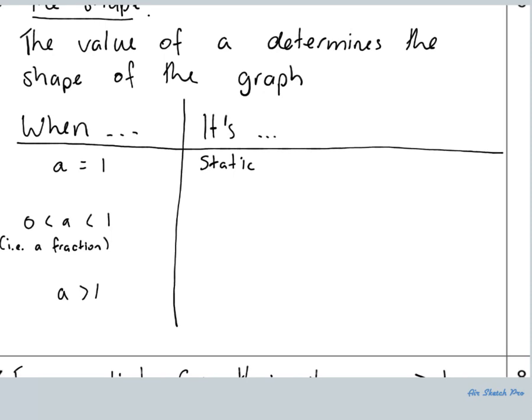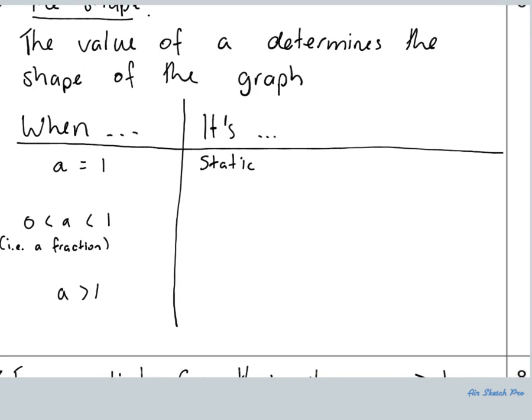Now, there's a bit of notation here that I just want to make sure you're okay with. When you see A surrounded by less than and greater than signs like it is here, it basically means A is in this range. So when you see 0 < A < 1, it simply means that A is a proper fraction, okay? So 2/3, a fifth, 0.97, whatever it is, A is a fraction.